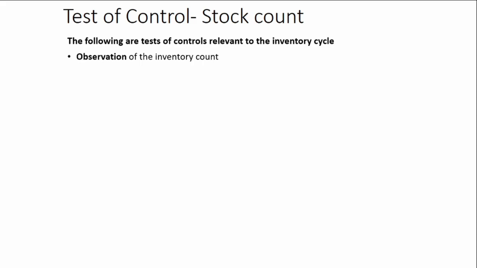Those are documents, right? So we have documents that we can test by physically inspecting them. But then we also have on the other side a process. A process you can't physically inspect because it happens at a specific time with specific people in a specific way. So instead we want to try and observe the stock count.